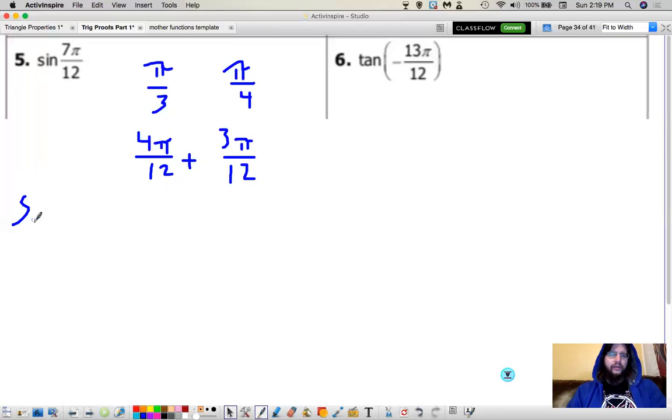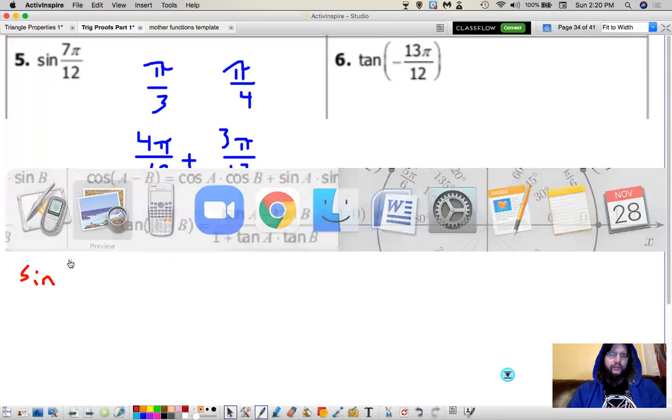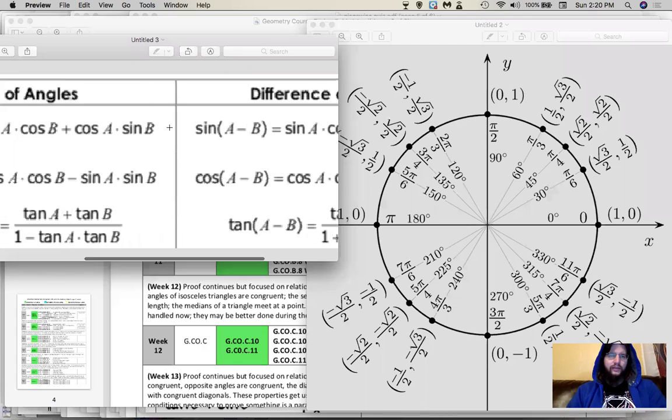So this is going to be rewritten as sine of pi over 3 plus pi over 4. Go ahead and identify my A and my B. That's sine of, picture that sum formula here.